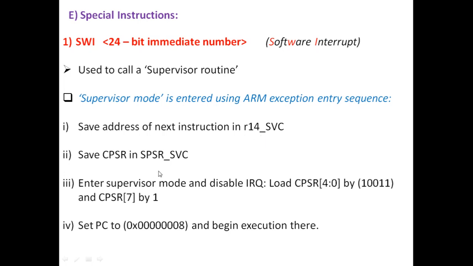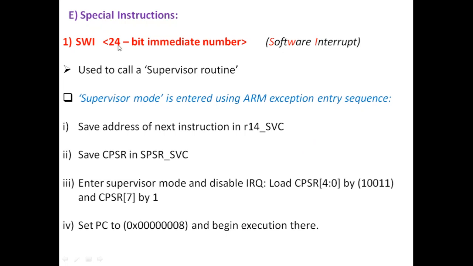Then CPSR is copied into the SPSR of supervisor mode. Appropriate bits are modified to change the mode and disable the IRQ, and the execution is transferred to the vector address corresponding to this SWI instruction, which is as shown here, and execution is transferred there.